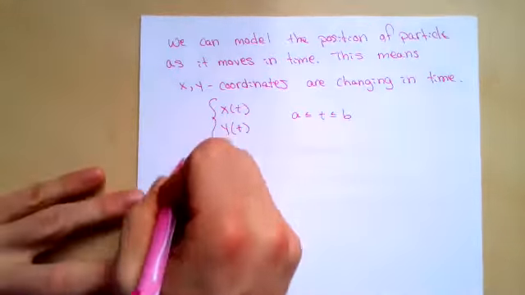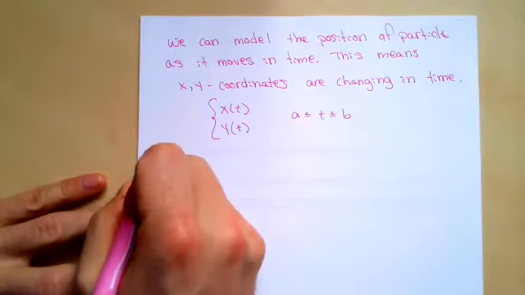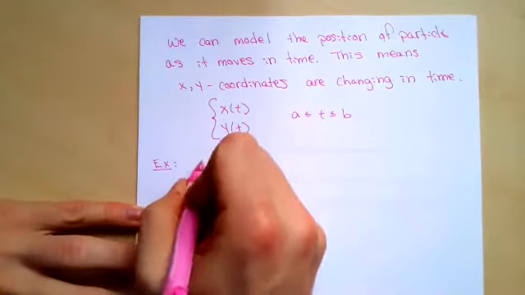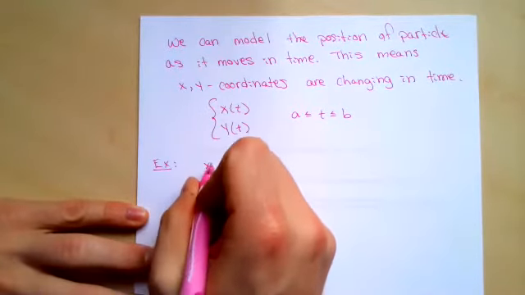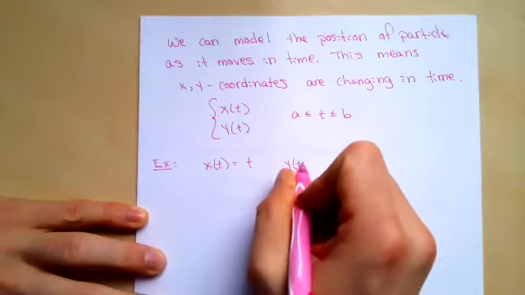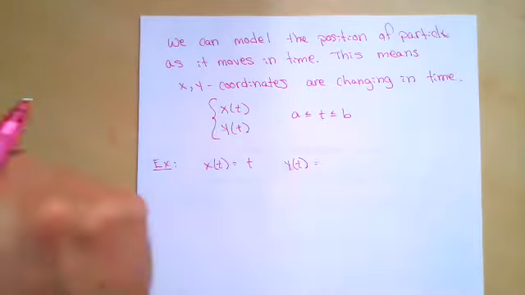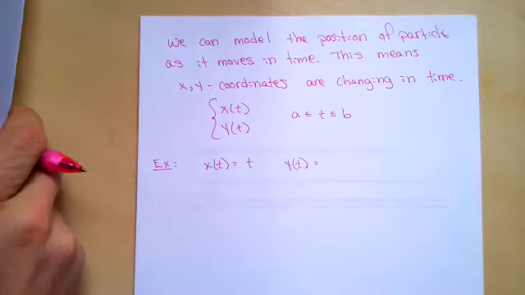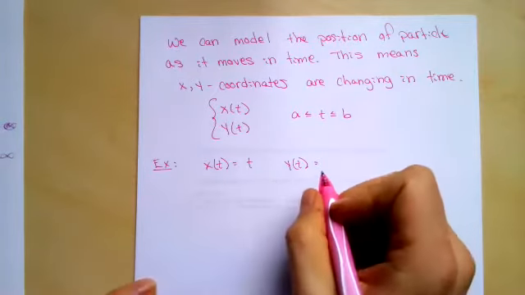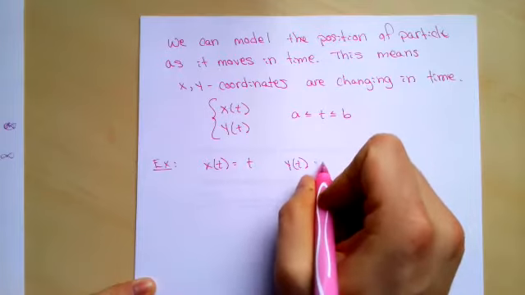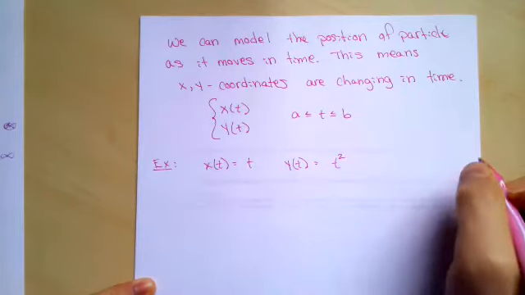Let's do some examples. So the easiest example is to do something like lines. Let's say x of t is equal to t and y of t is equal to, let me pull out my examples, is equal to, let's say, t squared.